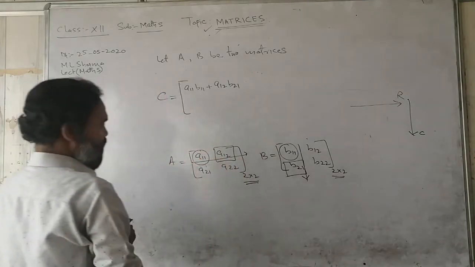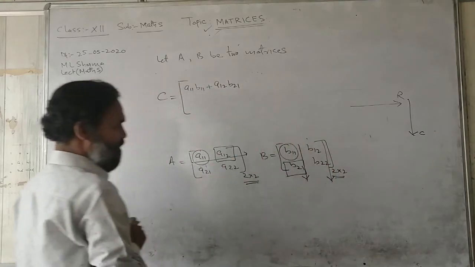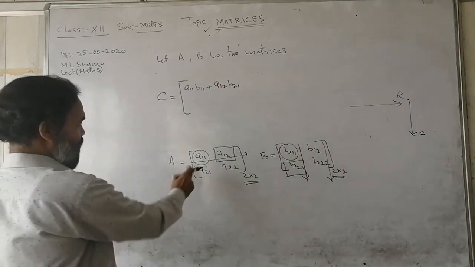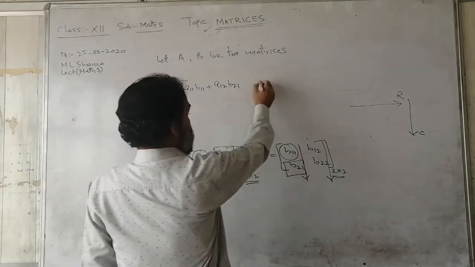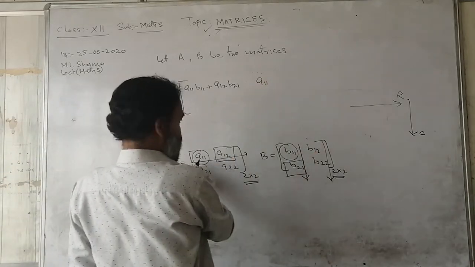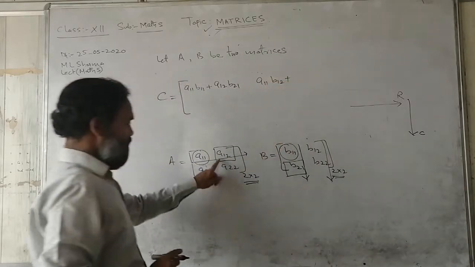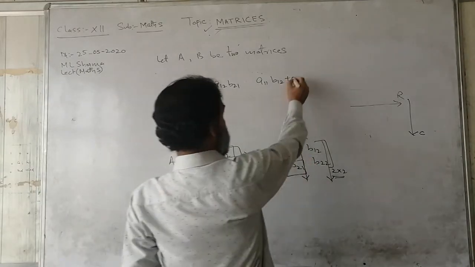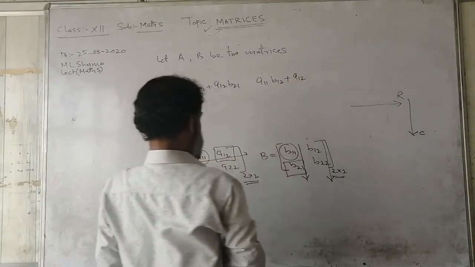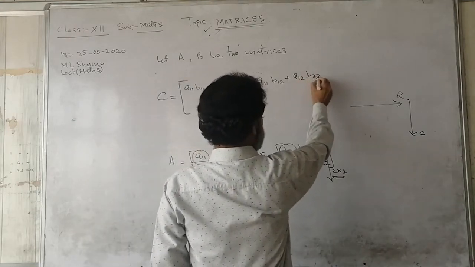Again this row is to be multiplied by the elements lying in the second column. So I will have A11 multiplied by B12, plus this element A12 multiplied by B22.